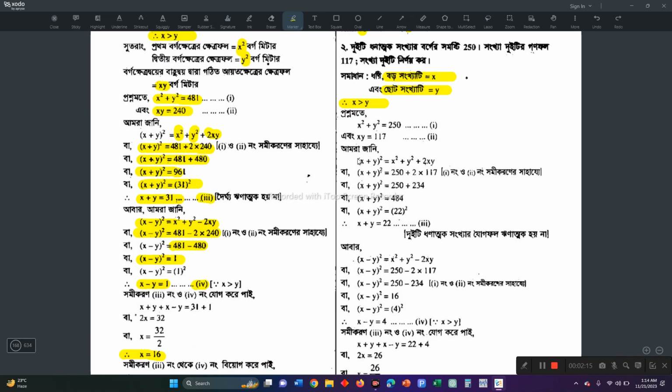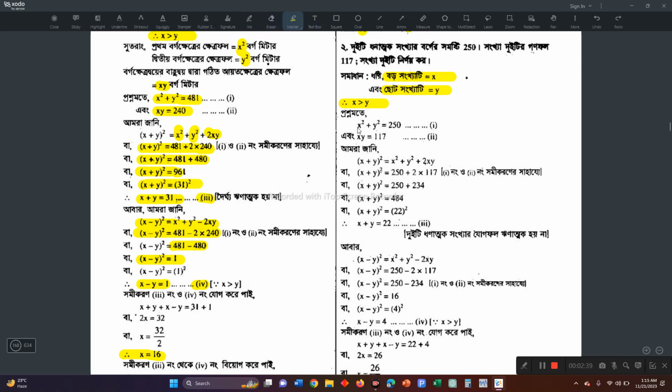But actually, if we take every number individually, no two numbers can be equal, so one will be greater than the other. If we take 24 and 25, then 25 will be the larger number.